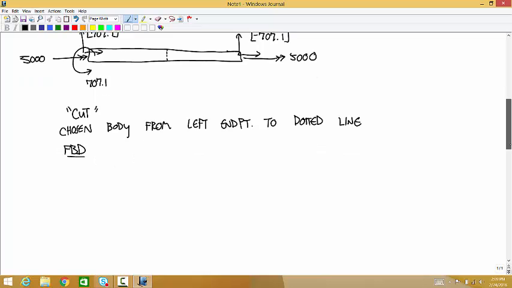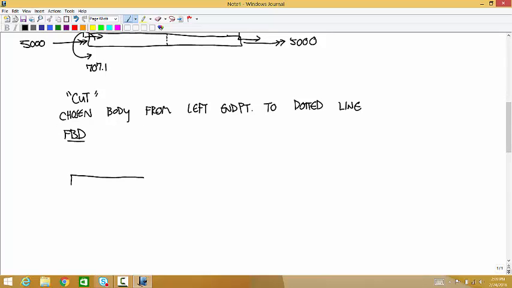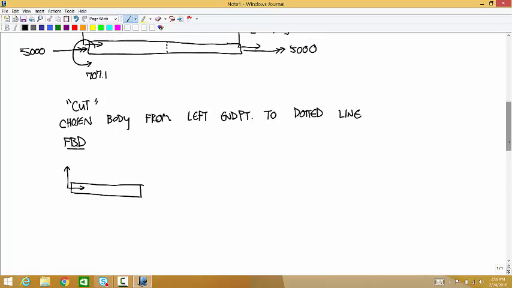So a free body diagram looks like this. We're including all the stuff on the left endpoint.